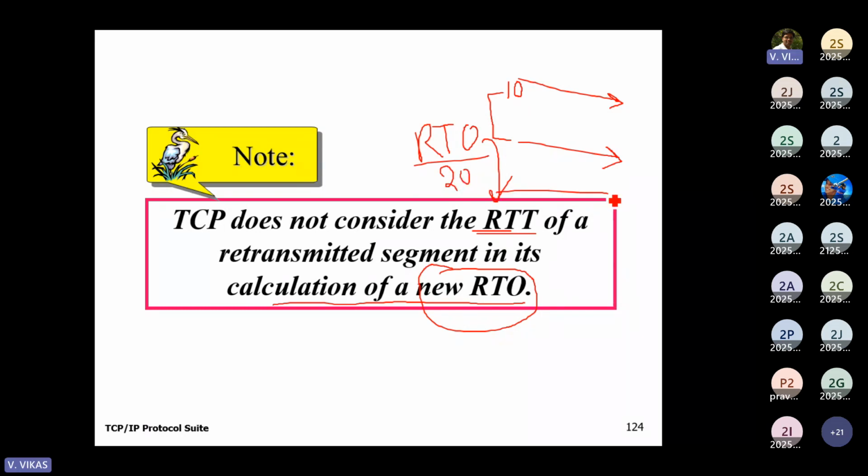Let us say I have one more retransmission, then I will make it 40. We are not following the derivations with respect to RTT here, but simply doubling the values. But when I have a successful transmission, in that case I am not going to double this value.